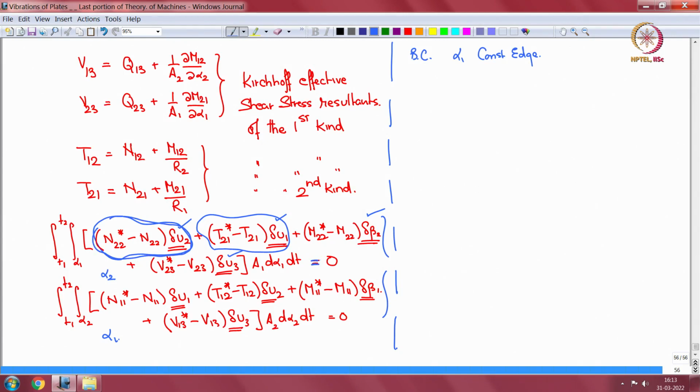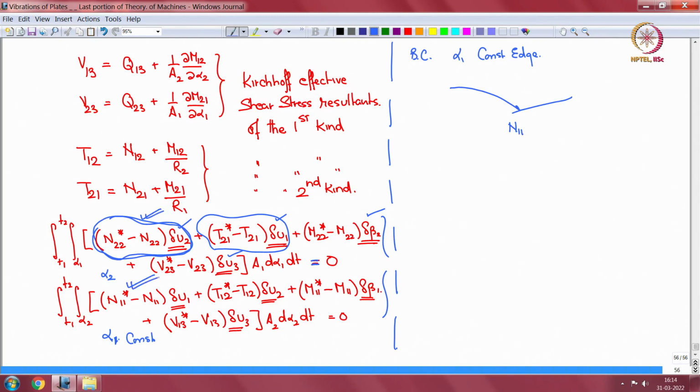Okay. So, at an alpha 1 constant edge, so we have alpha 1 and this is the alpha 1 constant edge. So, what do we have? We have N11.